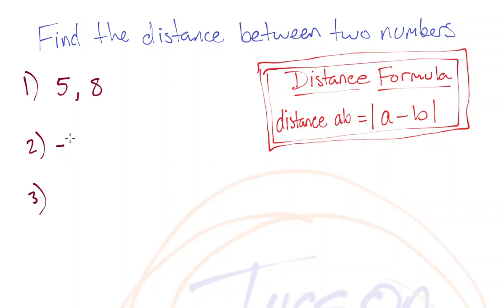So let's say negative 2 and 6. And then let's do a goofy one. Let's do negative 3.2 and negative 5.1. Okay, that should give us all the trouble that we need here.